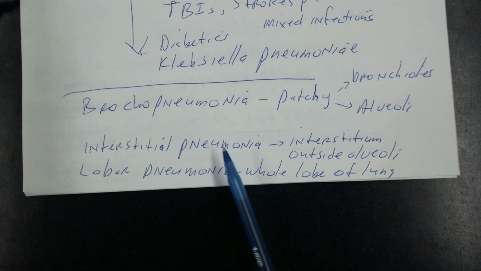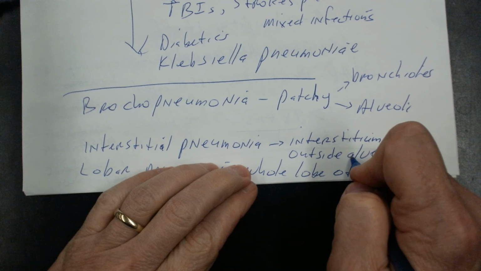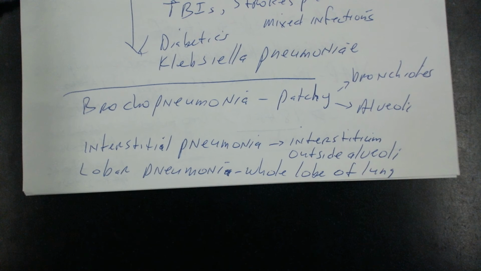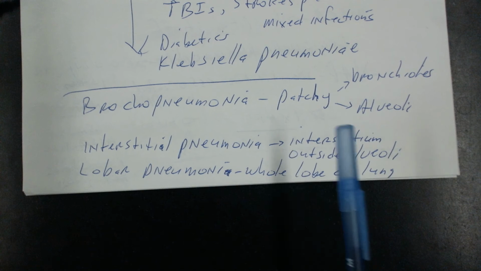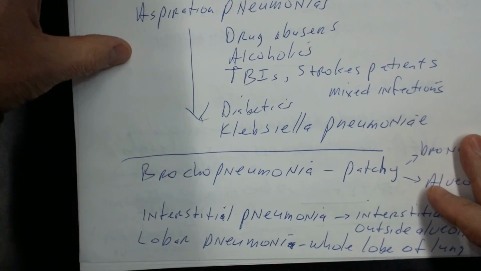Interstitial pneumonias are infection of the areas outside the alveoli, the interstitium outside the alveoli. And then lobar pneumonia is infection of an entire lobe or sets of lobes of the lung.